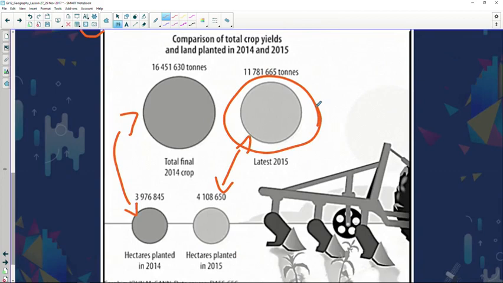And how do we do it? By using the smallest amount of hectares planted. So we want a positive ratio, the least amount of land and the most output. So what can we do to increase our output of crop farming in South Africa?